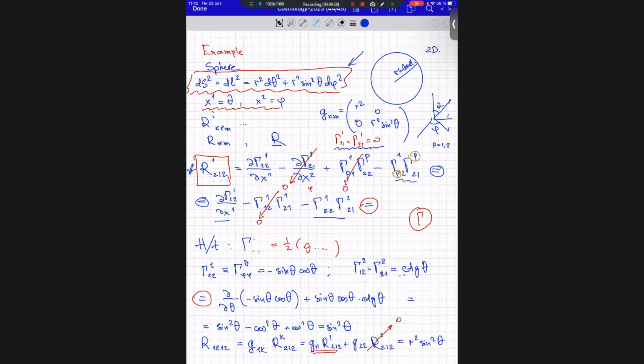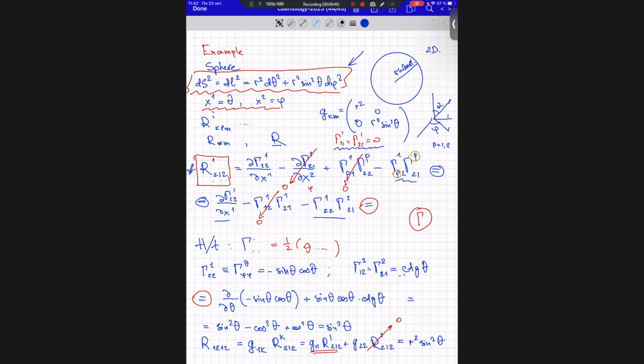Now, in principle it's understandable that we need to find all components, of course, all combinations. But now I will try to do it in a much shorter way, otherwise we would need to spend a whole lecture on this.